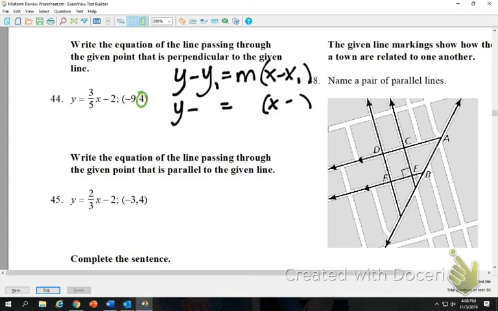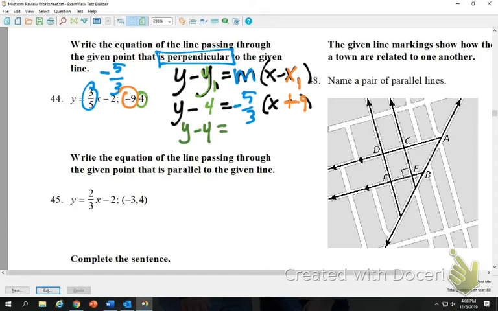I'm going to plug in the y, which is 4. Plug in the slope. It's going to be perpendicular to the old one. So perpendicular to 3 over 5 is negative 5 over 3. And plug in negative 9, which of course will turn into a positive.